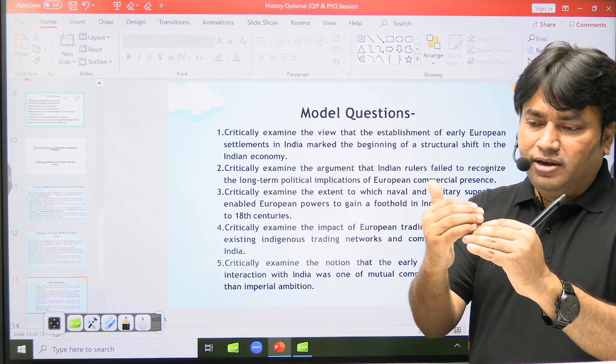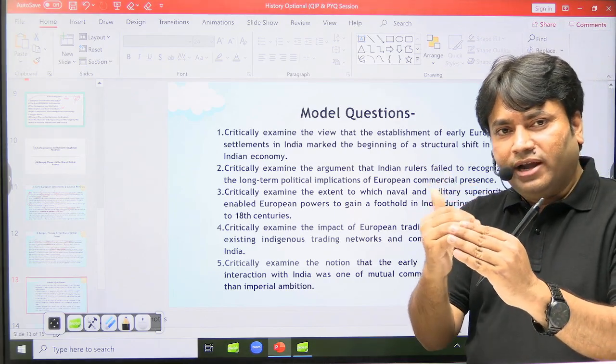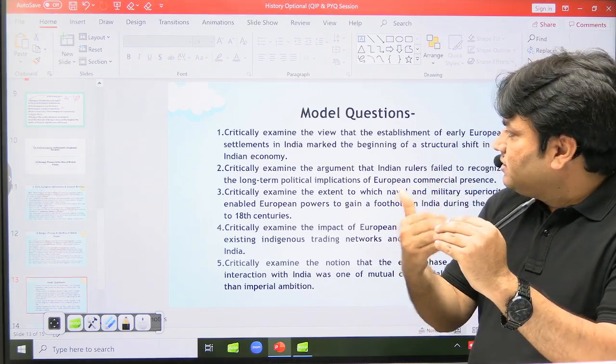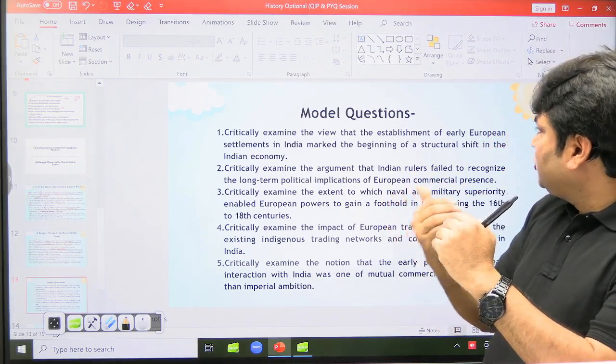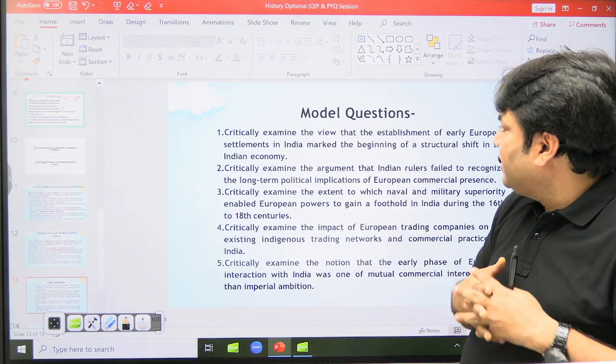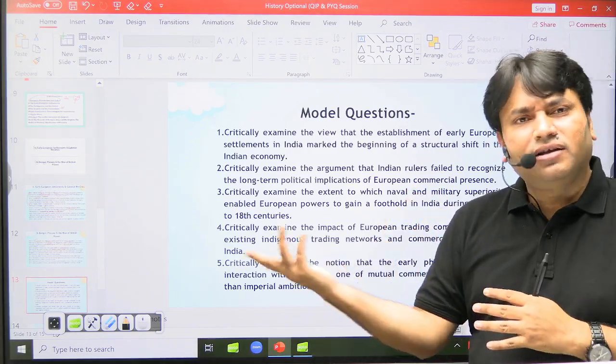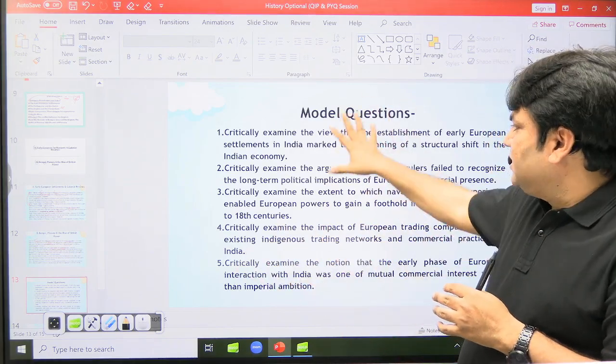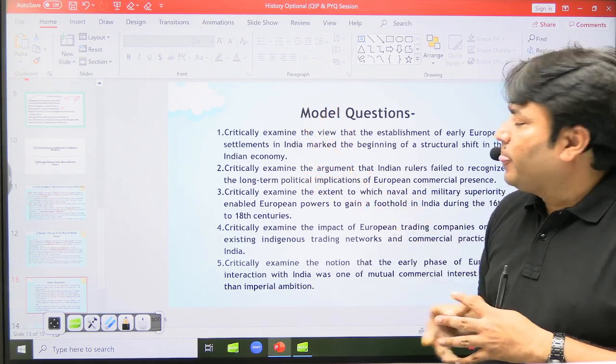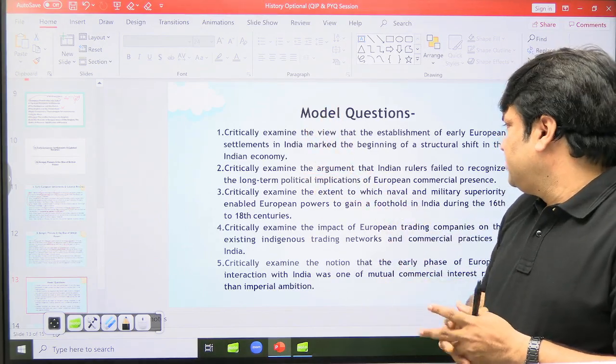In the Indian political system, economy, society, everywhere you will find that these colonial establishments or European settlements in India brought a lot of changes, but these changes were guided. So this is an opinion based question.